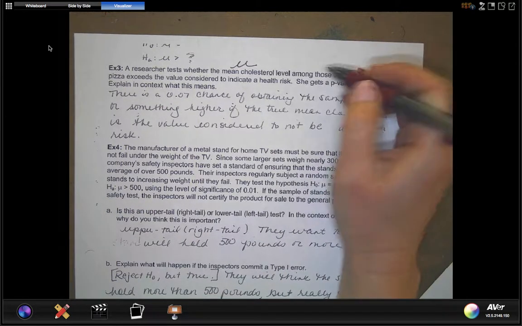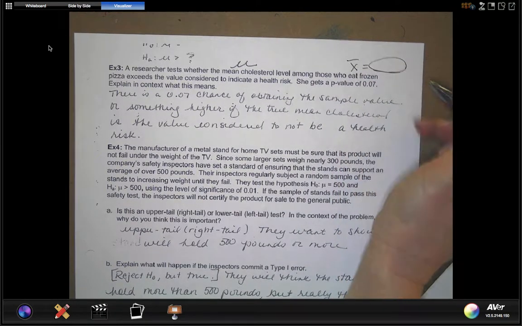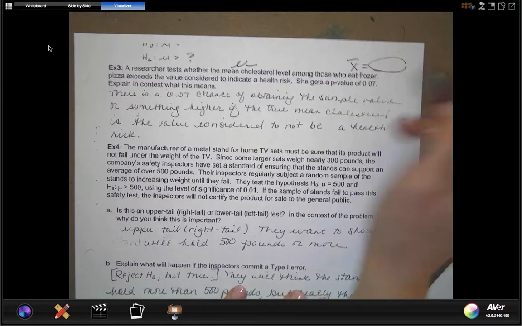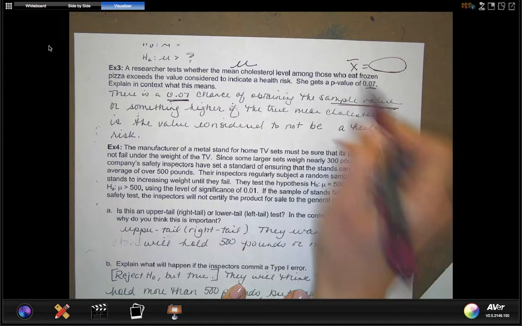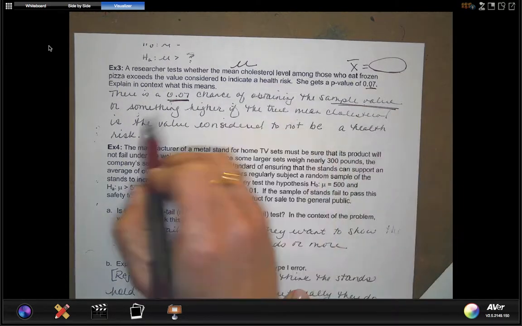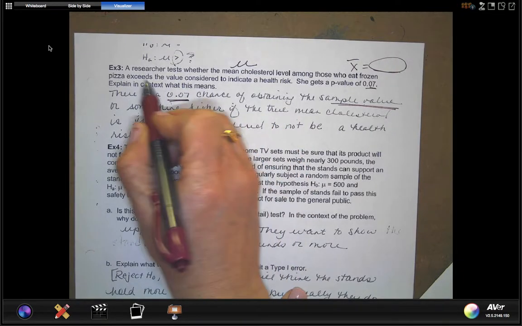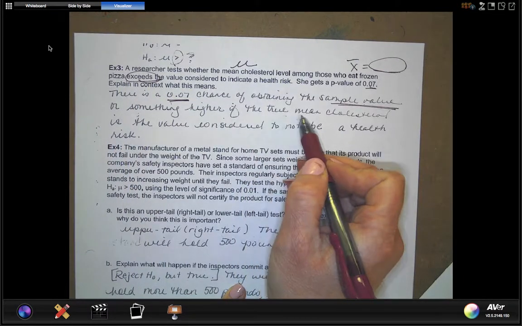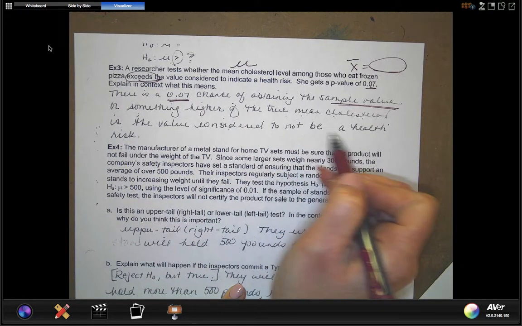So they test something and they get some x bar sample value. So your p-value is always the probability, so it's this chance of obtaining that sample value. So in this case, you could say sample mean, or something higher, because we're testing if it's greater than, if the true mean cholesterol is the value considered not to be a health risk.